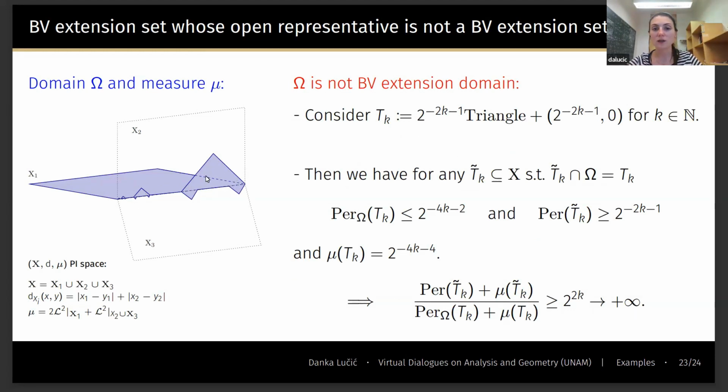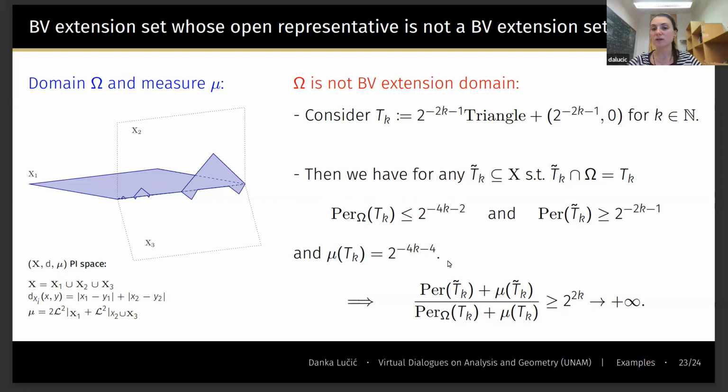So now take any of your triangles, and notice that if you look at the perimeter in omega of the triangle itself, then this perimeter is going to scale as 2 to the minus 4k, because the scaling is like those slits here, while the perimeter in the whole space is going to scale like this side of the triangle, which is 2 to the minus 2k.